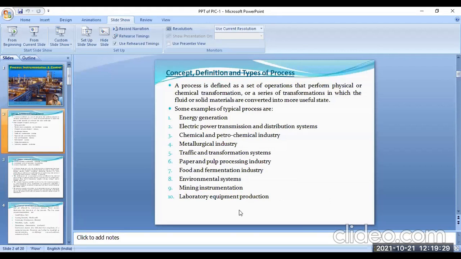This laboratory equipment production industry is one type of process instrumentation example. So these are basically example areas of the process industries, where we have to define the state of operations in the form of physical or chemical transformation.